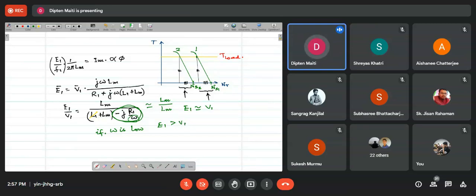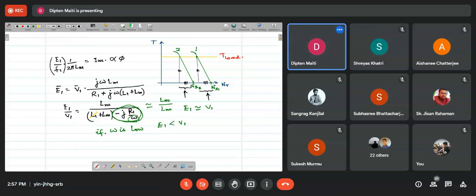We are applying a voltage, a certain part of which is dropped across the stator resistance. So at low frequency, the induced EMF, which is our theoretical control variable, is less than the applied voltage. Sorry, I made a mistake: E1 is less than V1.